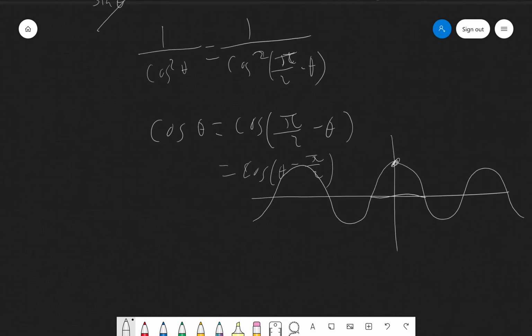So let's say we had the cosine of theta, so that'd be somewhere here. Yeah, sorry. So now, if we did theta minus pi over 2, this is theta, and we'd end up here maybe.